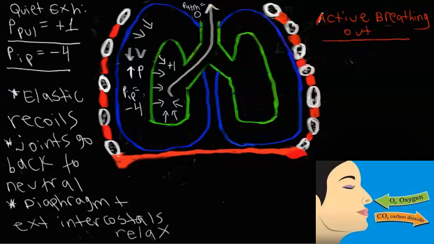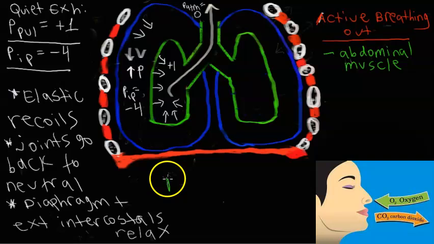In this process, what happens is we have the usage of abdominal muscles. So the abdominal muscles are going to be put to work. And these abdominal muscles are going to push up on the diaphragm.